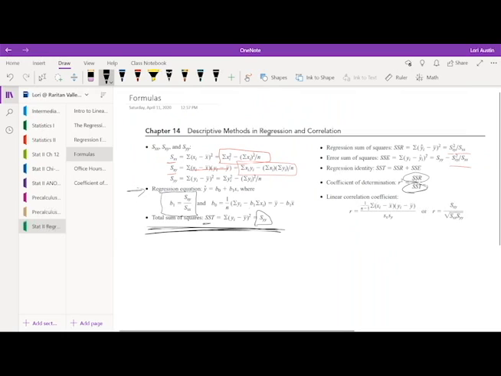Go back to your formula sheet. Here's SSR. Again, don't use the first one because that's going to be too much work. We're going to use this one because we already have these values. It's XY squared divided by SXX. So we're going to write that one down.